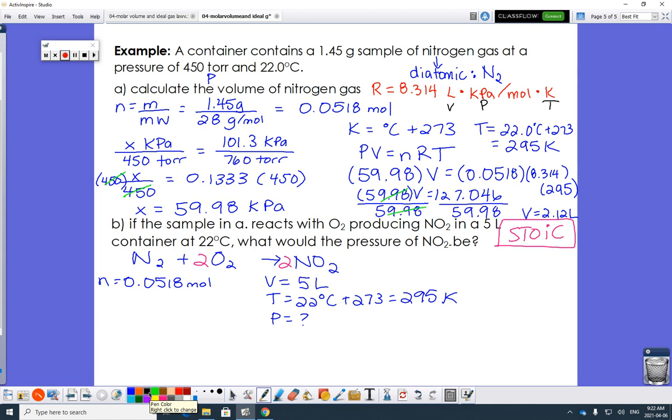Because in order to use the ideal gas law, we have temperature, we have volume, we always have R. But if we're looking for pressure, then we need moles. So we need to change the moles of N2 into the moles of NO2, as always, using stoich.